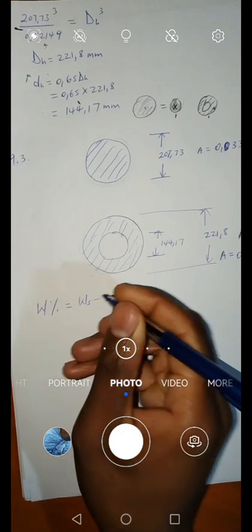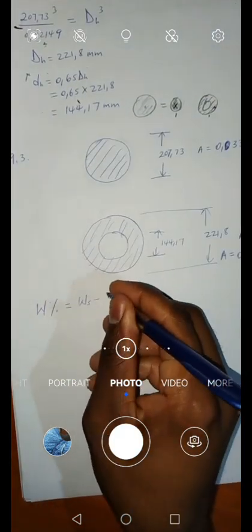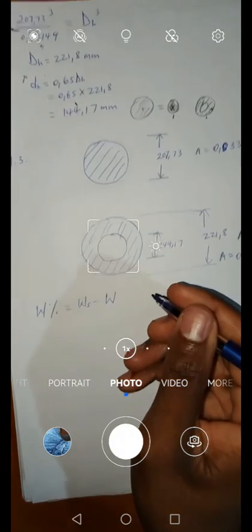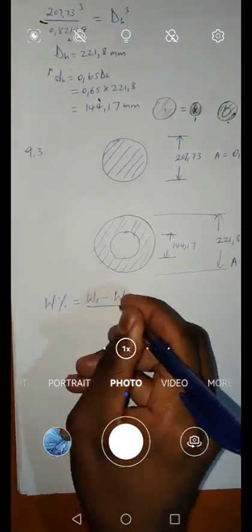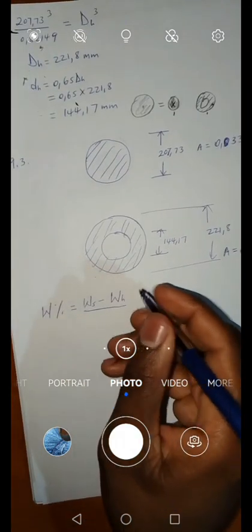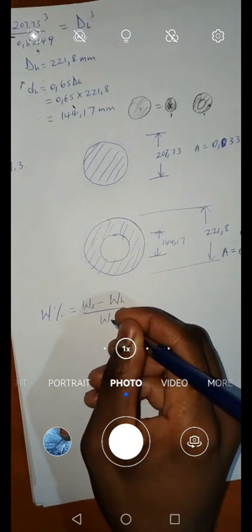The weight of the solid shaft, which is what we had initially, minus the weight of this hollow shaft over the original weight, which is the weight of the solid shaft.